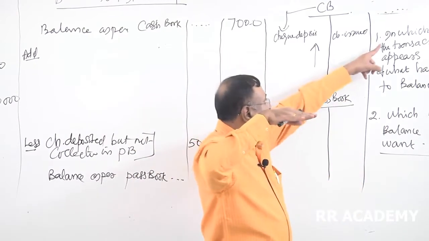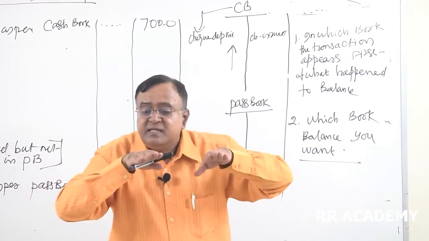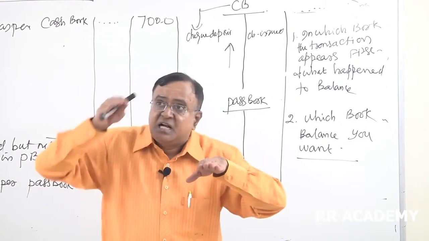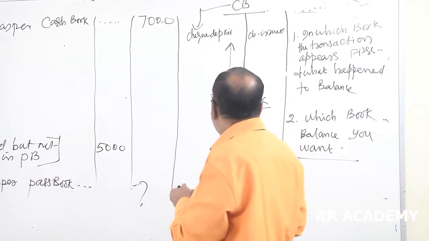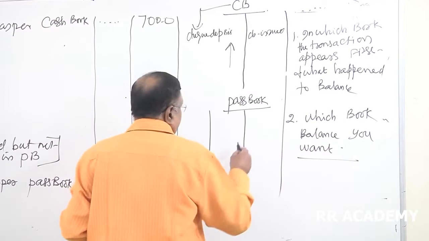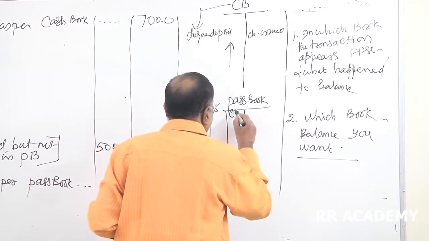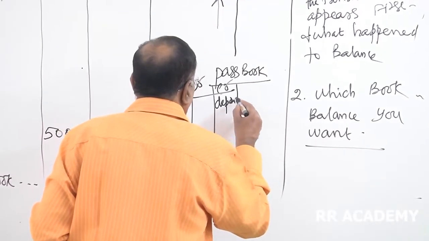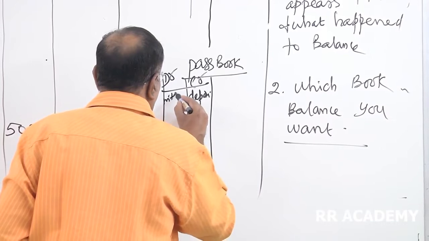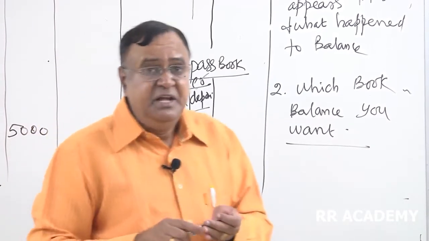See, friends, in which book does the transaction appear, and what happened to the balance? It appears in the passbook. Bank credited means bank deposited. Credit means deposit. Debit means withdrawal. This you must remember.